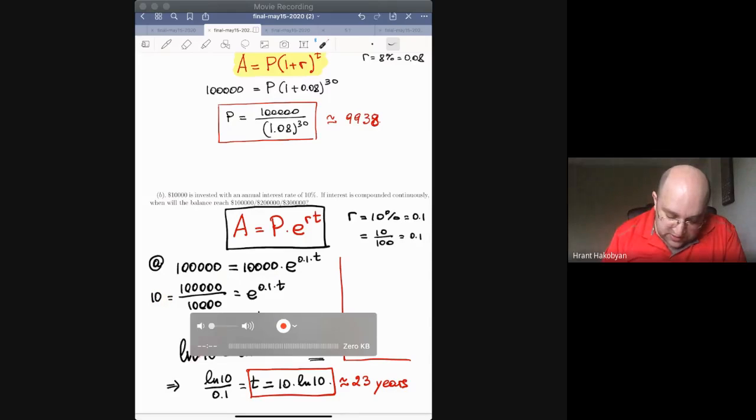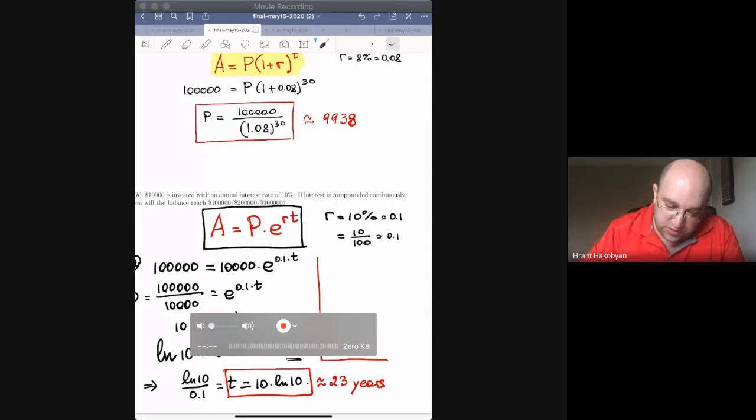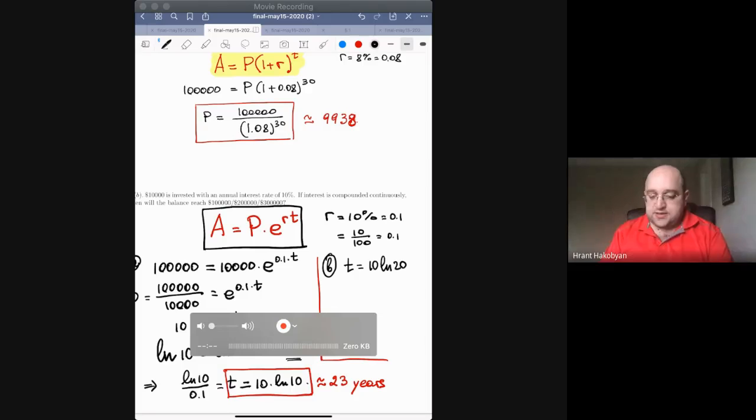So this 10 becomes 20 or 30. Let's do B and C. For B, t is equal to 10 times the logarithm of 20. That's the amount you need to wait to get to 200,000.